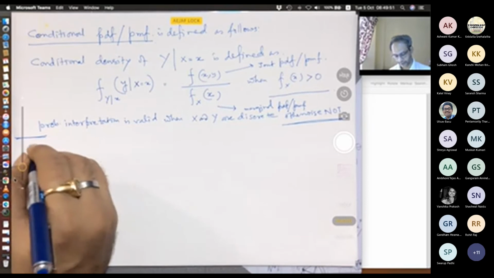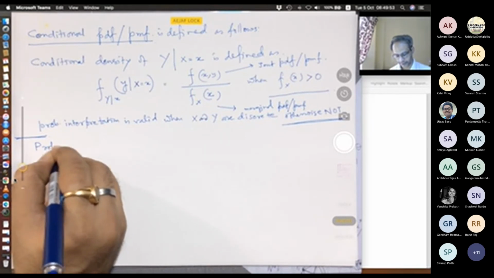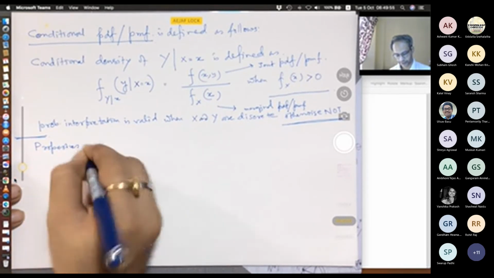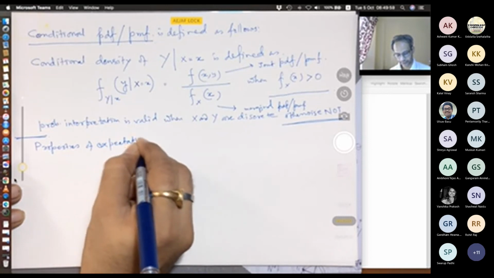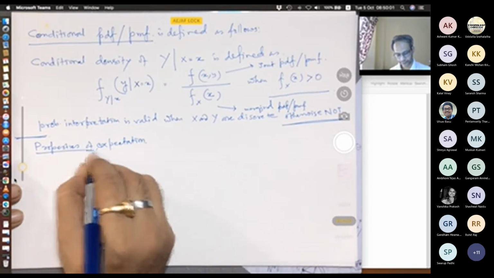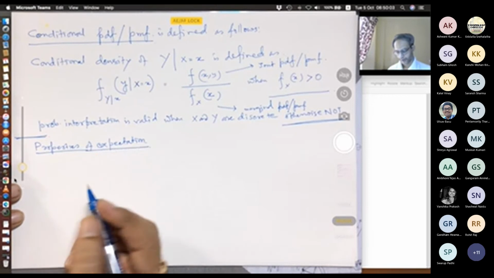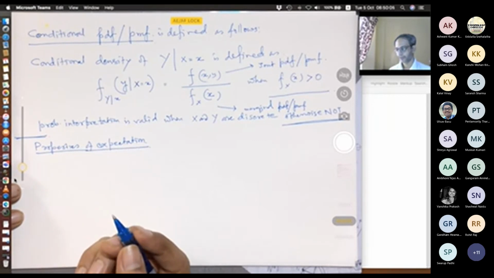So, properties of expectation. As you know, when we define expectation, we first consider absolute convergence.